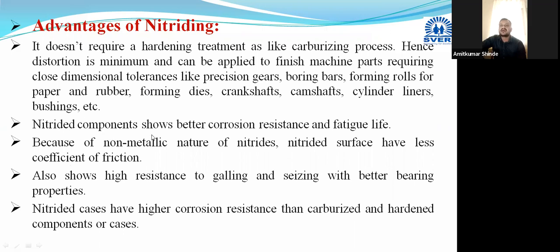Then nitrided components will show you better corrosion resistance and better fatigue life due to the presence of those respective alloyed nitrides.